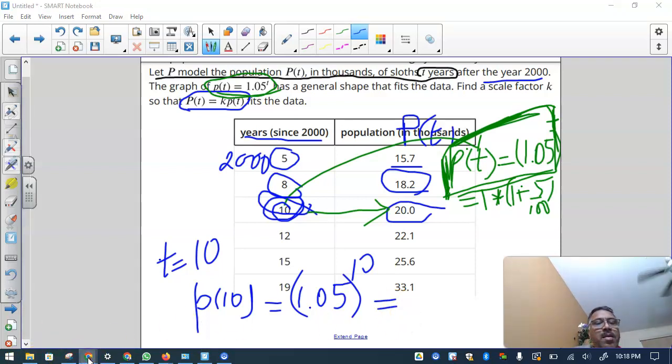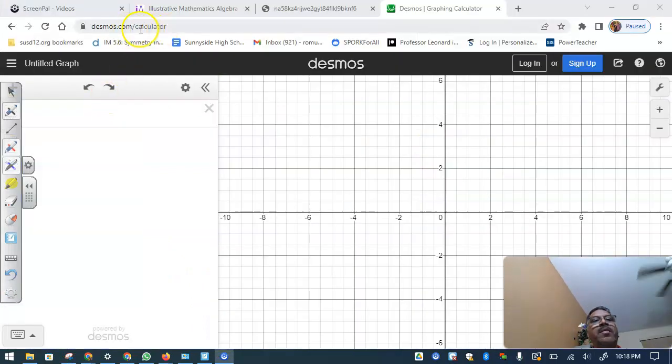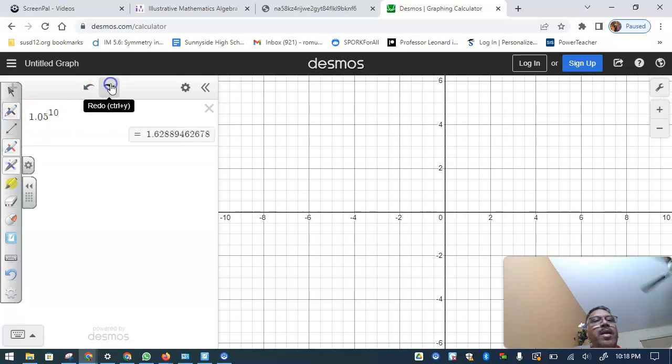What I did is I opened the Desmos calculator just to see how it works. I took 1.05, you can see this, raised it to the 10, and I got this number.